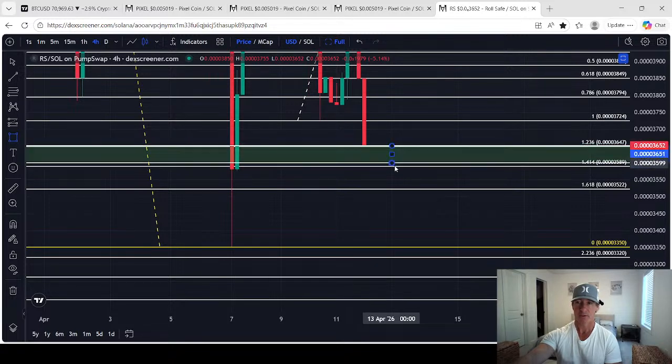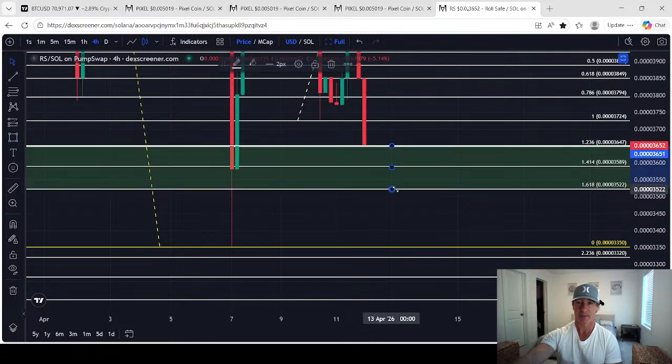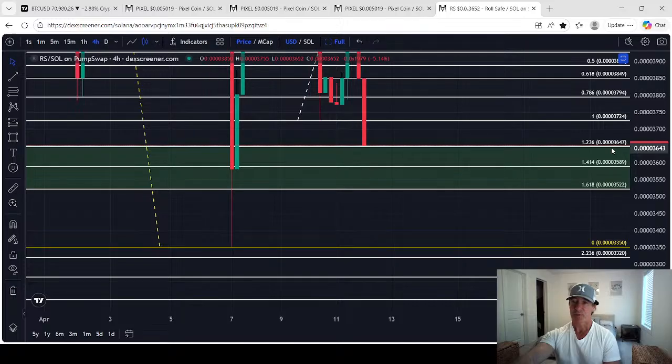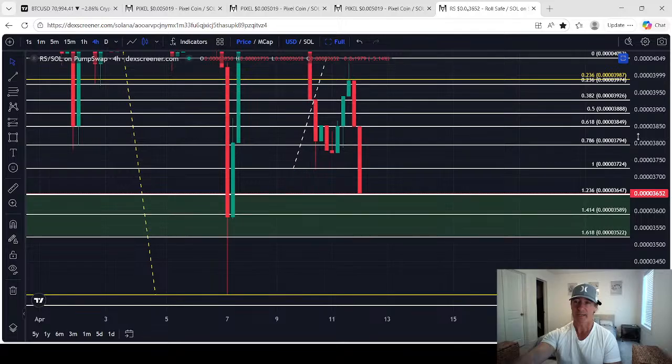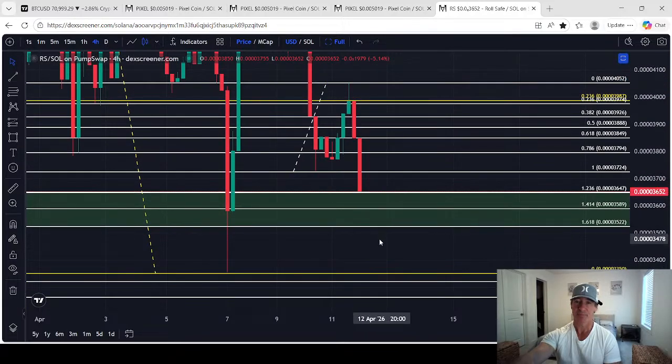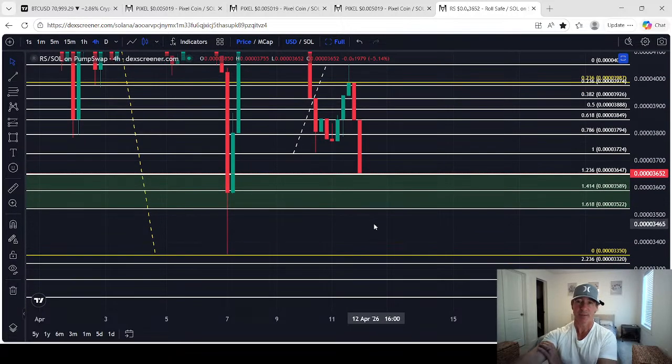So it's coming into the 1.236 right now. We want to find support at the 0.0003647 where it is right now, and the 1.618 at 0.403522. So we need to come into support right now for RollSafe.